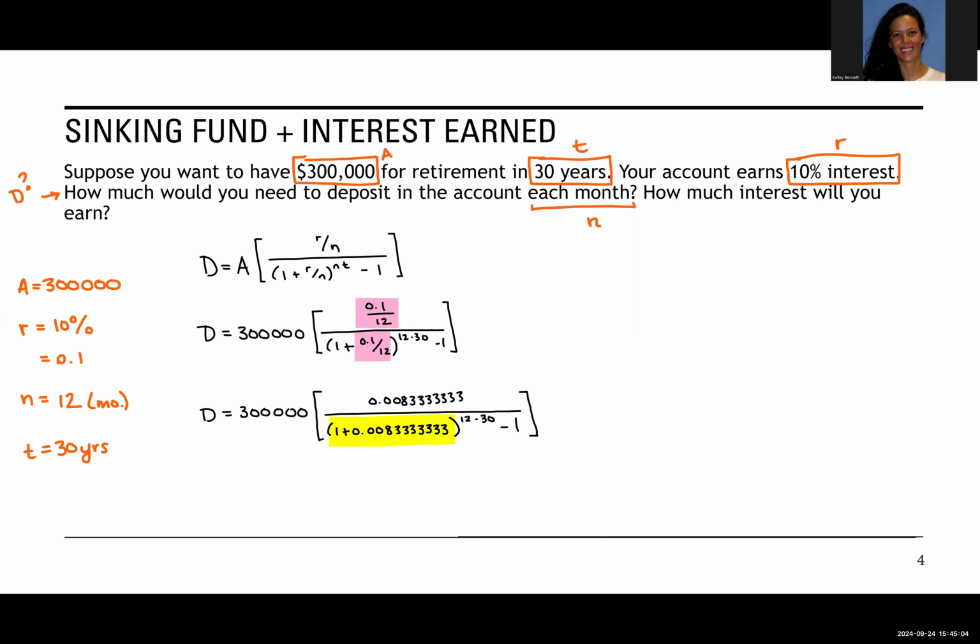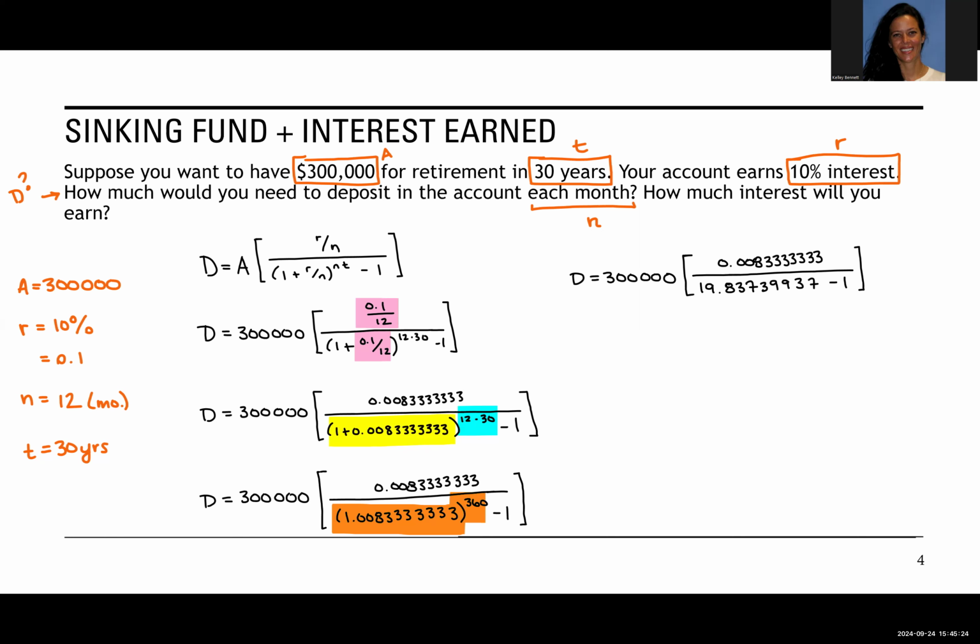Next, I'm going to take care of the parentheses, and I'm also going to go ahead and simplify my exponent, 12 times 30. So now that I have my parentheses finalized and my power 360, I'm going to go ahead and crunch it out. Let's finish off the denominator.